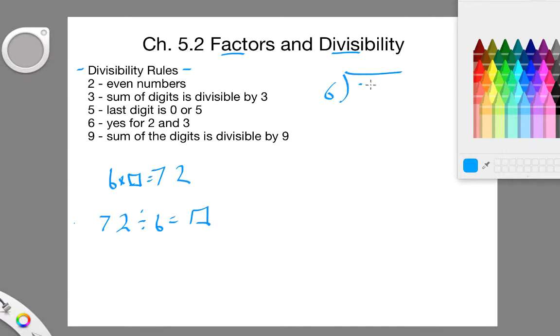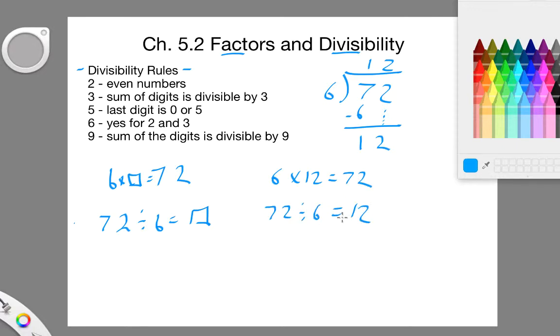Does 6 go into 72? We're going to find out that it does. 6 times 1 is 6, which is less than 7, and we subtract and bring down our 2. 6 goes into 12 twice. So 6 times 12 is 72, or 72 divided by 6 is 12. This works. It has a divisibility.